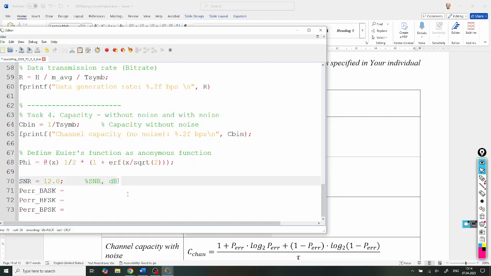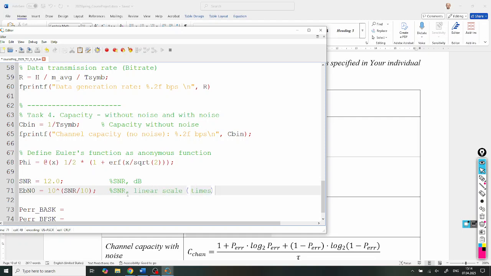The conversion is done as 10 to the power of SNR divided by 10. So this is also SNR, but this is linear scale in times. Yes, it's a dimensionless unit because you divide power with power and get no units.